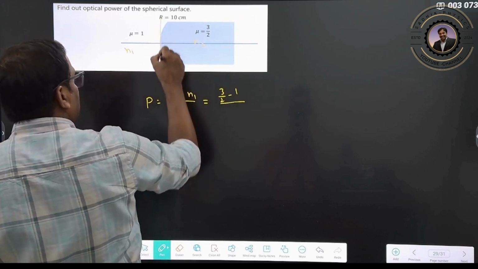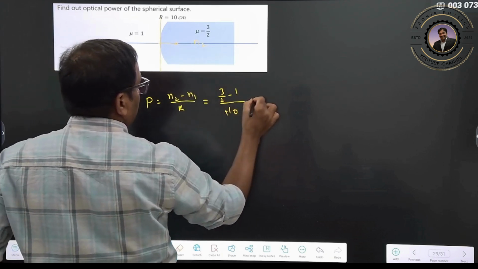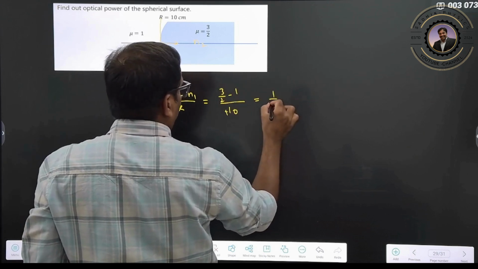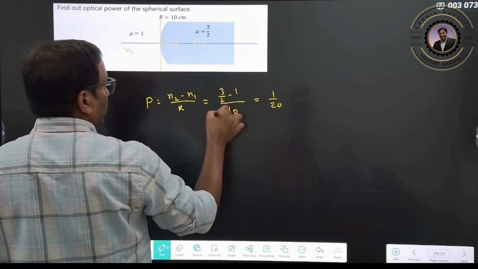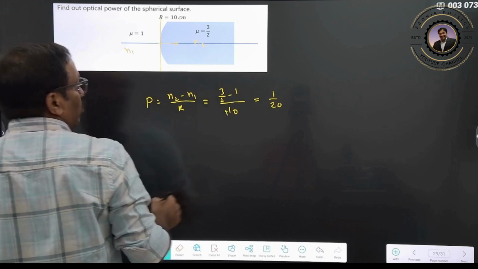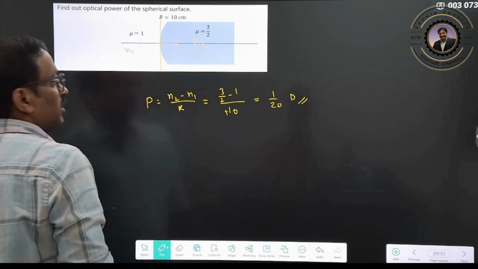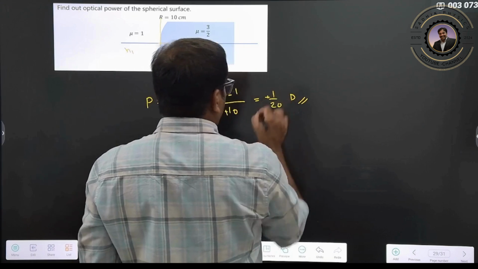Take this as your origin, this side is positive, so 10 centimeter plus. So how much will it be now? Minus 1 by 2 over 10, therefore 1 by 20 diopter will be the power of this. Plus, it is convex in nature. Clear?